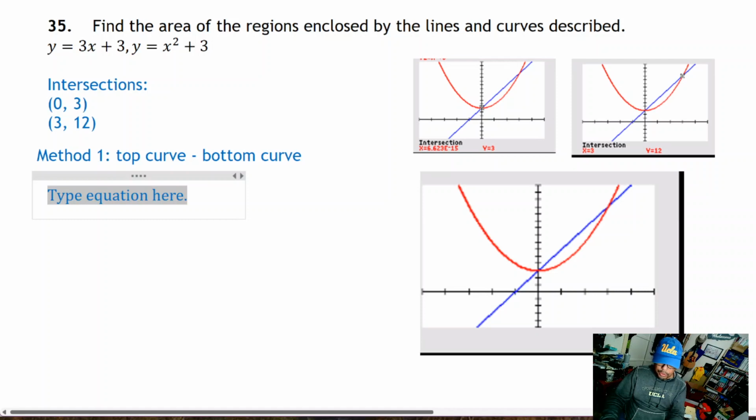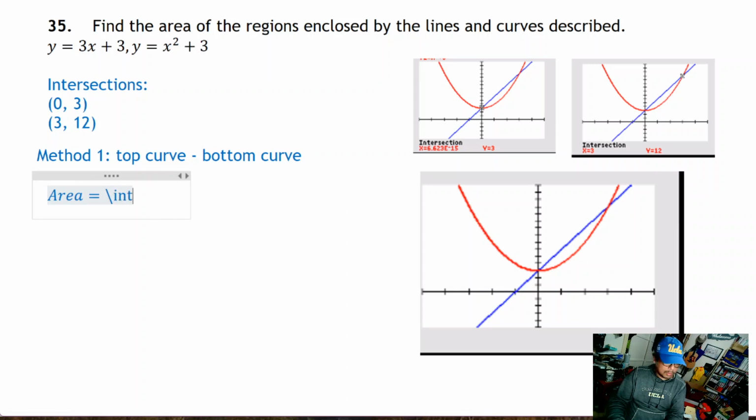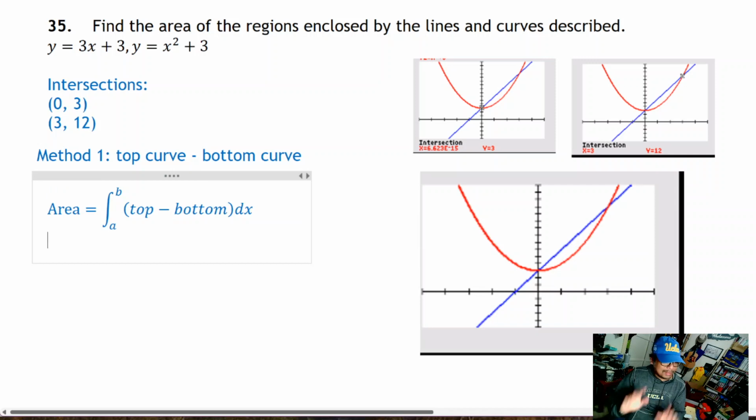So we're going to integrate. We're going to say the area is equal to the integral from x min to x max, a to b, top minus bottom dx.